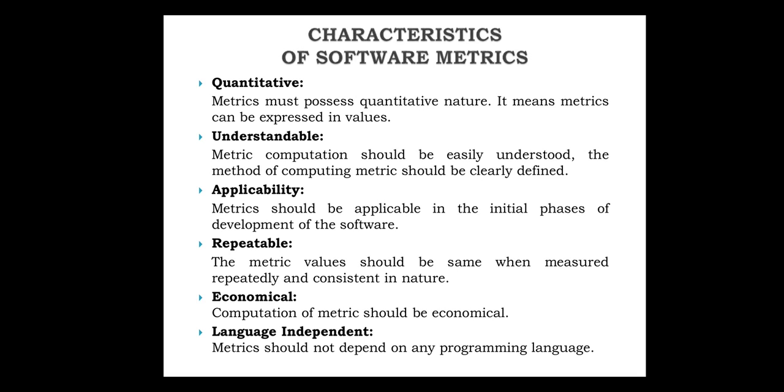Metrics should be applicable in the initial phase of development of the software. Next is repeatable. The metric value should be the same when measured repeatedly and consistent in nature. Next one is economical. Computation of metric should be economical.